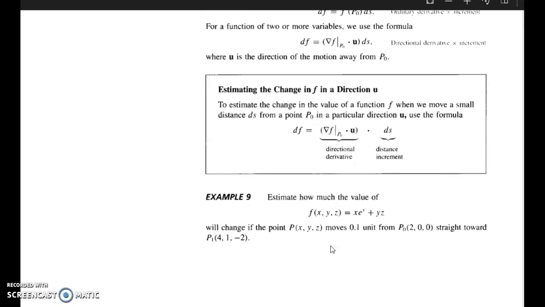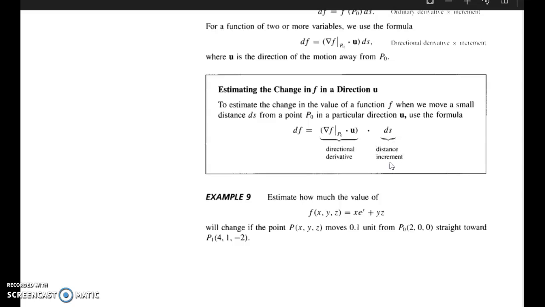So estimating the increment means to estimate the change in the value of the function f when we move a small distance ds from the point P0 in a particular direction u. Use the formula df equal to del f at the point P0 dot u into ds.